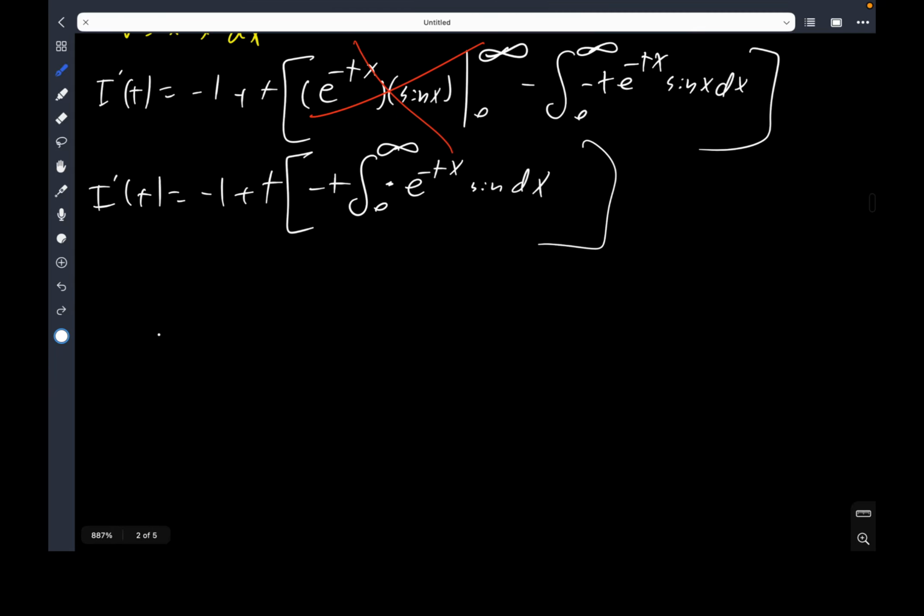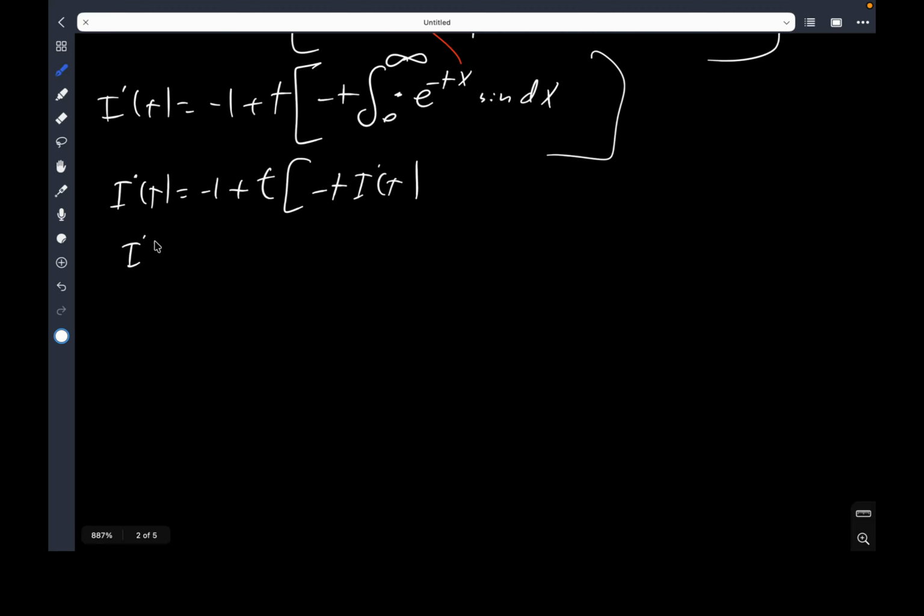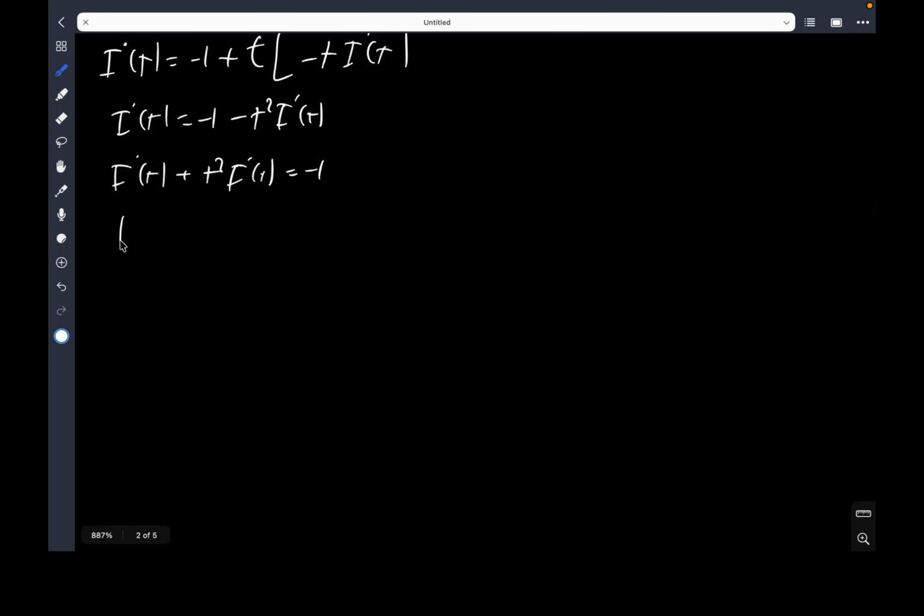Thus I can say that my I prime of t is negative 1 plus t times negative t I prime of t, and my I prime of t is negative 1 minus t squared I prime of t, and I prime of t plus t squared I prime of t is negative 1, and my I prime of t is going to be negative 1 over 1 plus t squared.